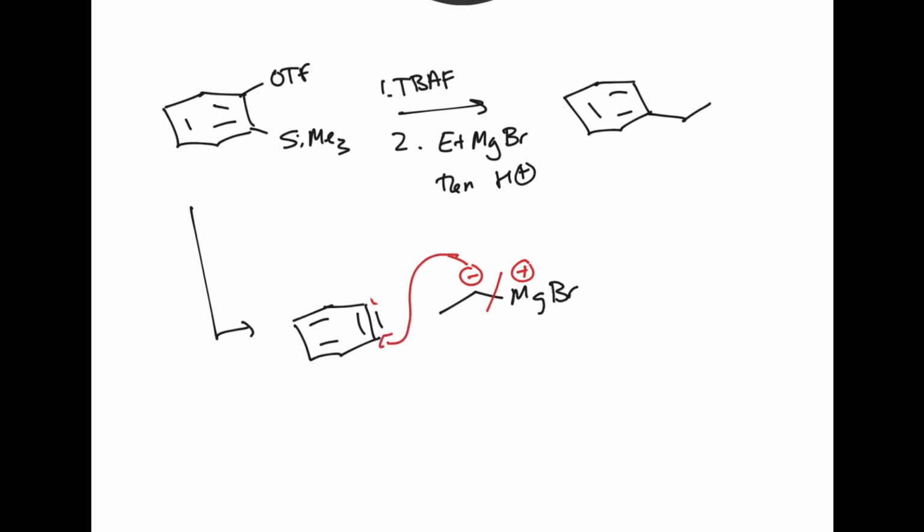It adds to the benzyne, kicks electrons up. You get this negative charge, and then you add the H plus at the end. You pick up your proton, and you get your product.